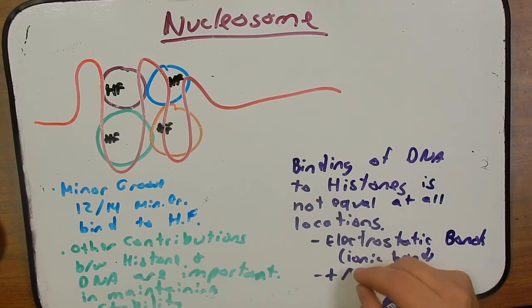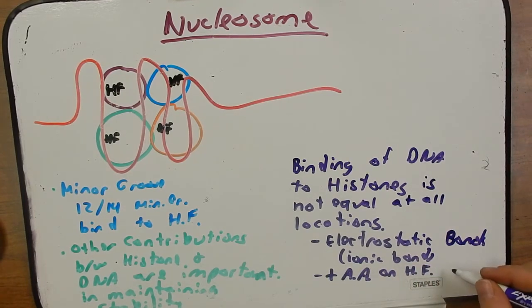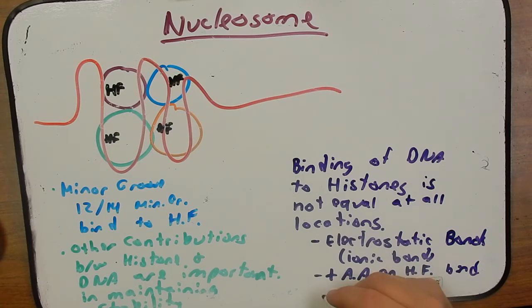So, positive amino acids on the histone fold. Here are lots of abbreviations so I can fit this in here. Positive amino acids on the histone folds bind through these electrostatic interactions. So they bind with DNA.